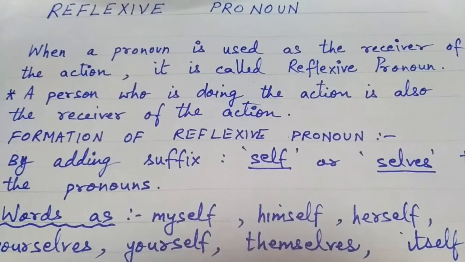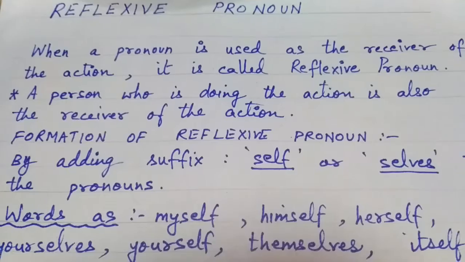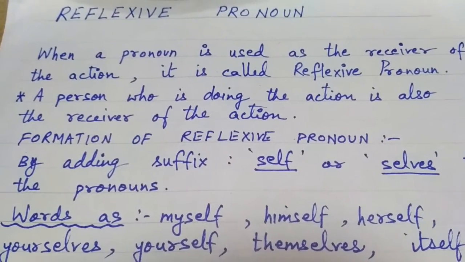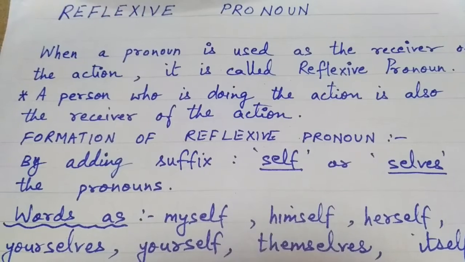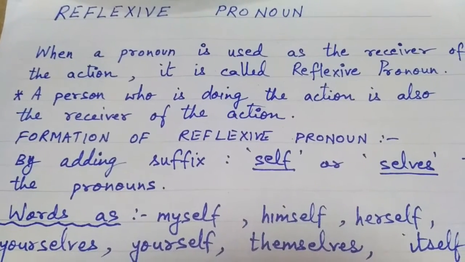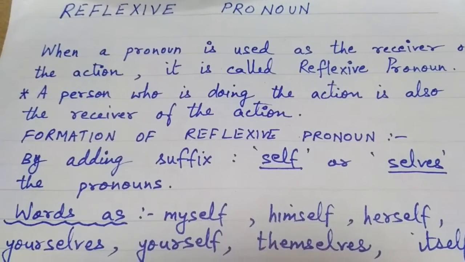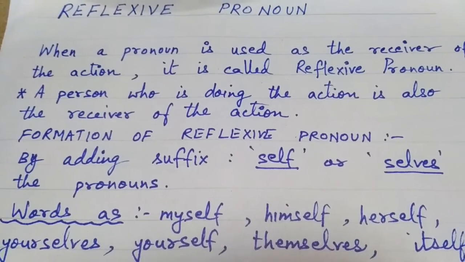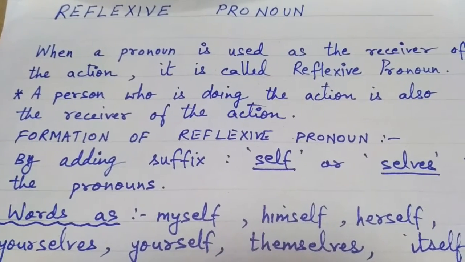Regarding reflexive pronouns, when a pronoun is used as the receiver of the action in a sentence, it is called a reflexive pronoun. And in that case, it has to be the subject also.